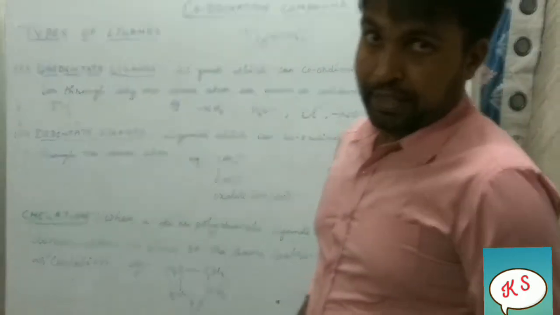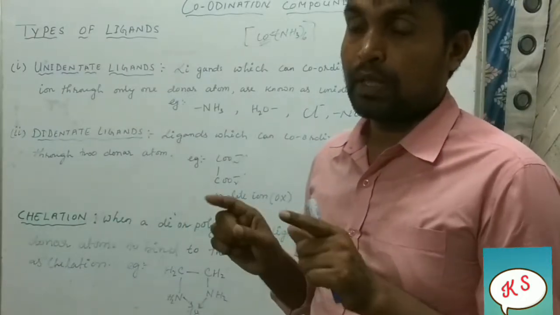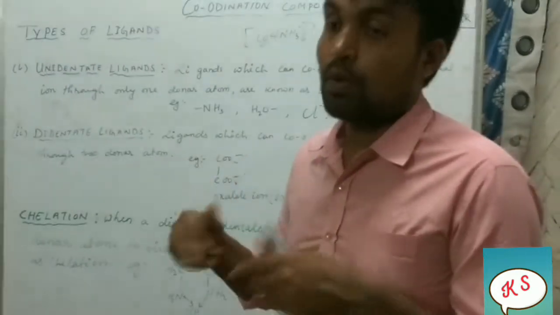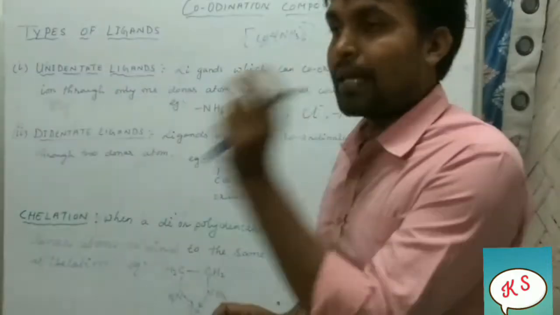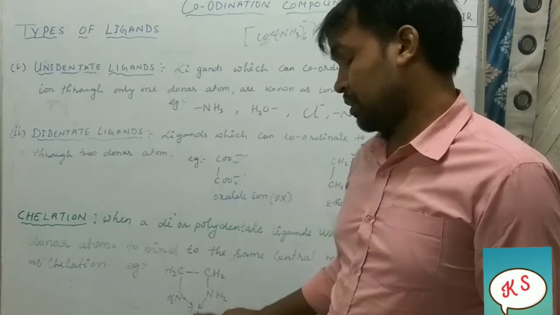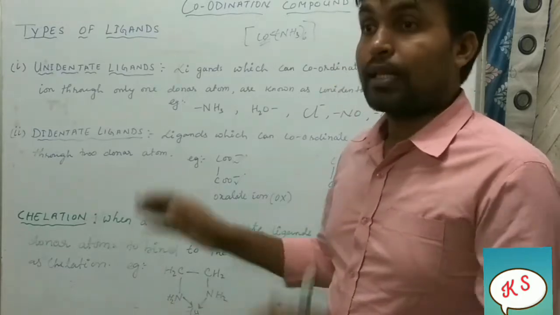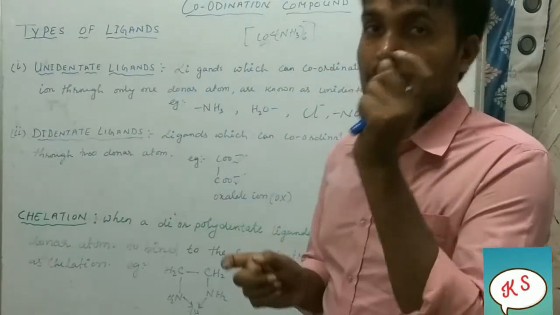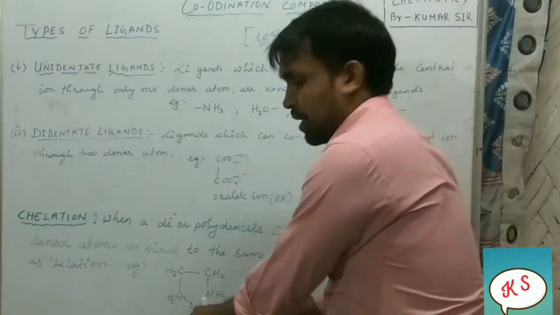I hope it is clear. Once again, those ligands which have two donor atoms or more, when they form coordinate bonds with the same central metal atom. This N is forming a coordinate bond with Cu, and this N is also forming a coordinate bond with Cu. Two coordinate bonds with the same central atom, leading to a closed structure.